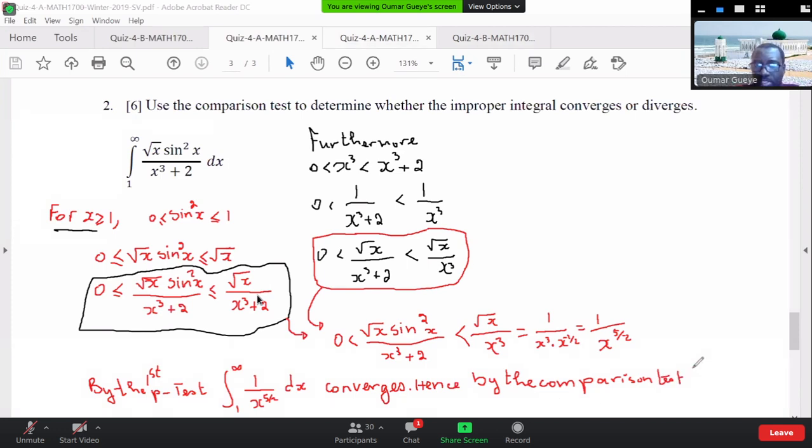Okay, by the comparison test. So the integral from 1.